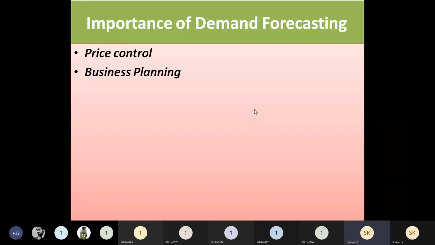And also for your business planning. If you forecast that a large quantity of product is required in the market, then you will plan how to increase your production. What are the things you have to plan? All the inputs you have to plan, right?